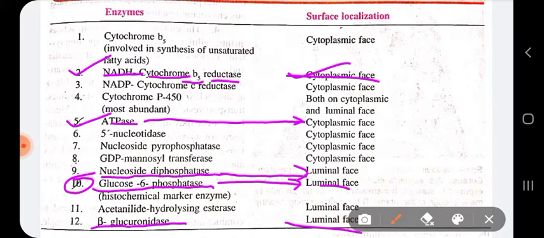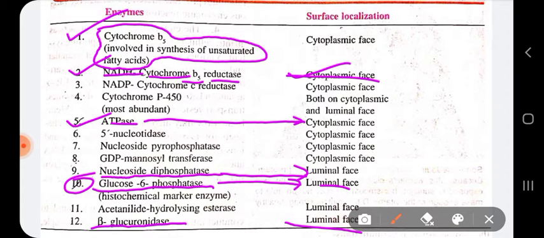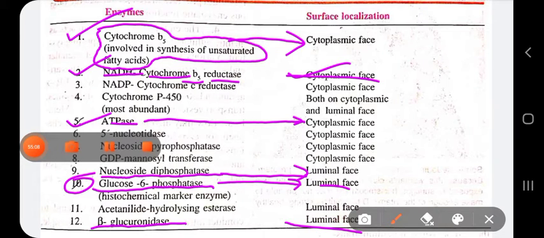Cytochrome b5, sorry, this enzyme is needed for synthesis of unsaturated fatty acid. It is found on the cytoplasmic face of the ER membrane. So this was all about the enzymes of the ER membrane. Up to this, I completed.